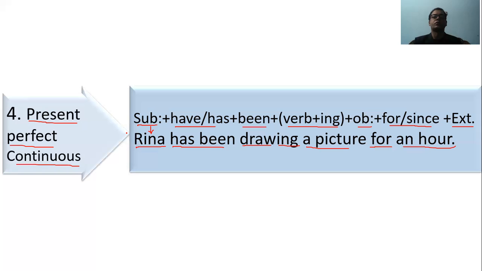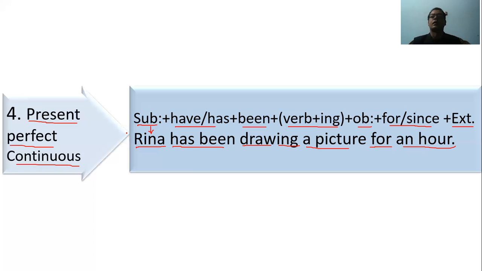I request you to write down the 4 structures in your exercise book and try to memorize and practice the 4 structures with examples. Then you will be able to know tenses perfectly.